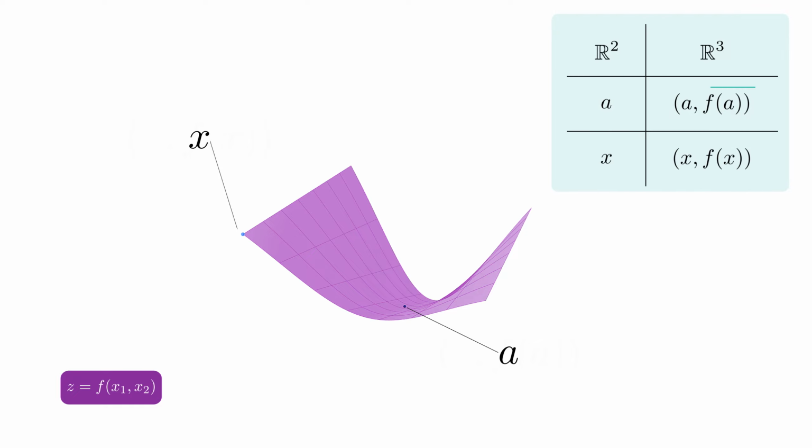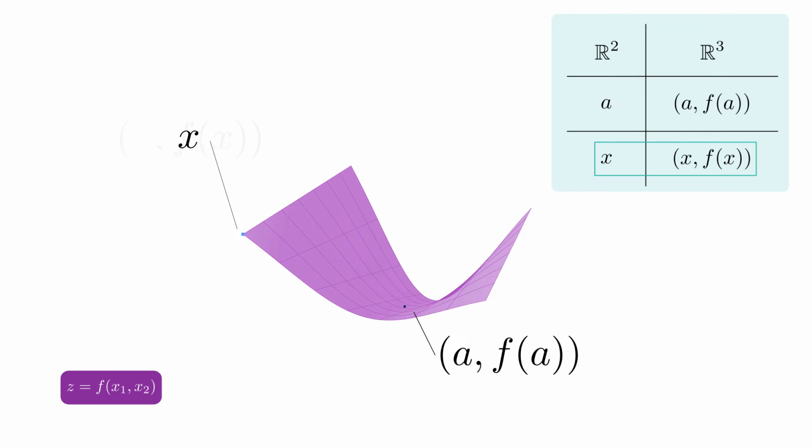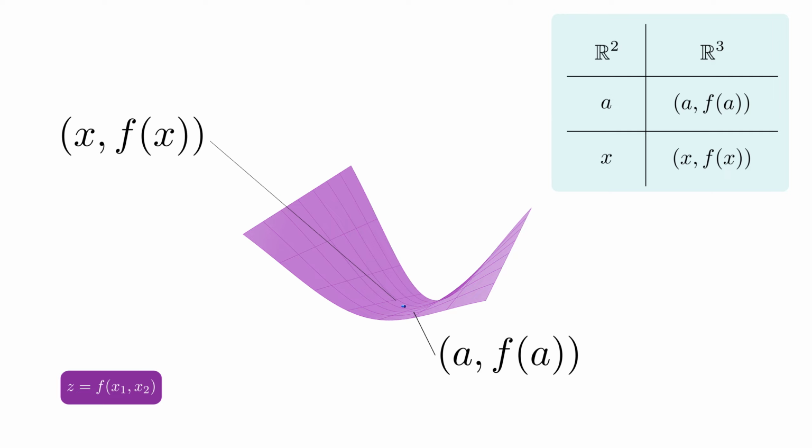The 2D value a corresponds to the 3D point a, f of a on the graph. We call this the center of our approximation. The 2D value x corresponds to the 3D point x comma f of x on the graph. Taylor's theorem explains how to use polynomials to approximate the value of f of x as x gets closer to a. We are now ready to describe the formal statement.